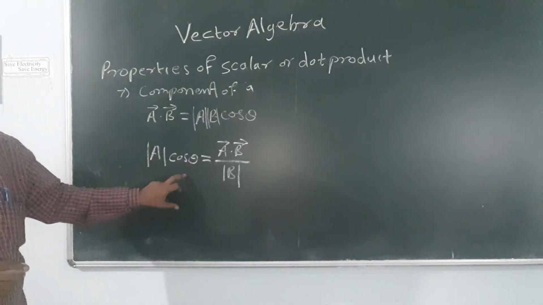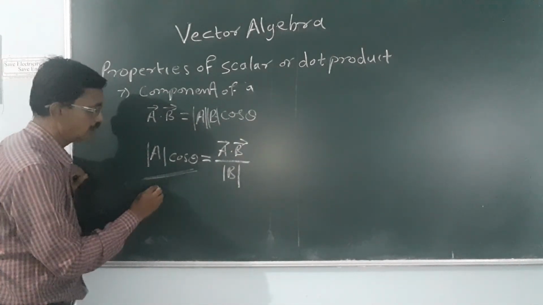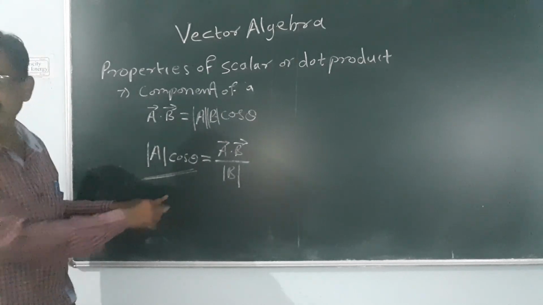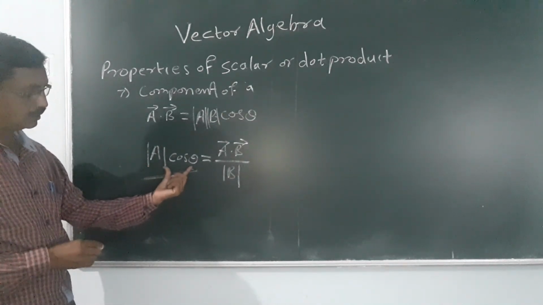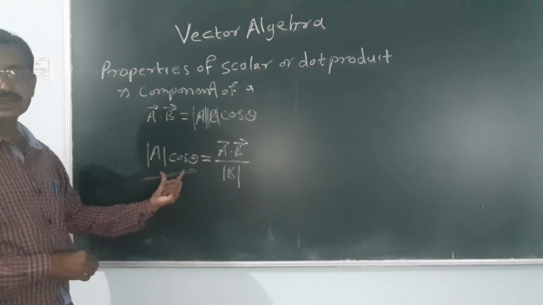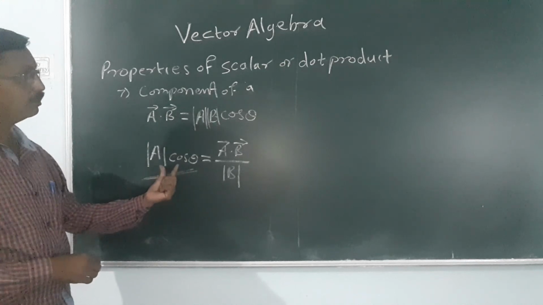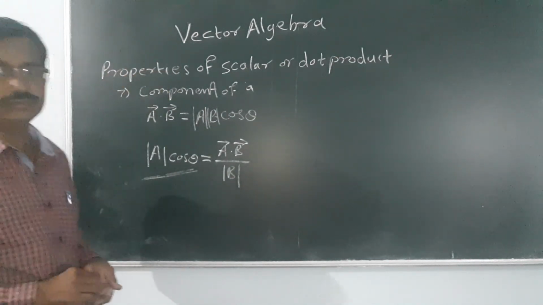This is represented as the component of a along b. That is, mod of a cos theta is represented as the component of a along the direction of b, and this is about the properties of the scalar product.